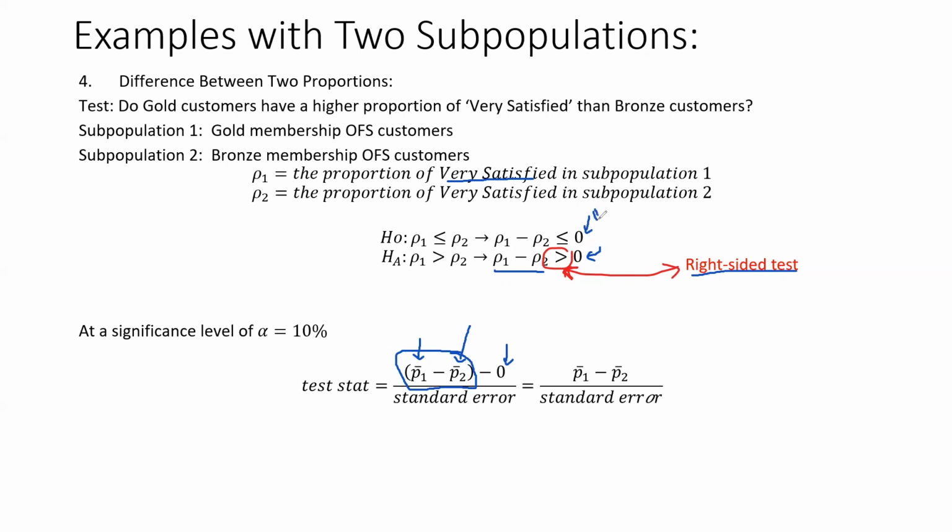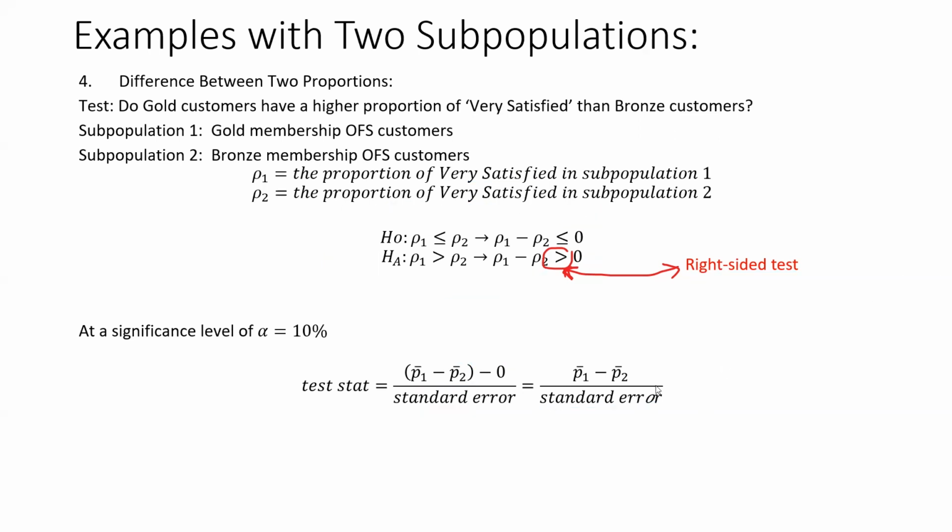That number here is our observed value that goes into the test statistic. But it's just 0, so it can be dropped off. So we can just rewrite the numerator as the difference in the sample means that are observed. And just like everything up till now, we're dividing by the standard error, and that's where we are going to look that up, because those tend to be more complicated formulas.